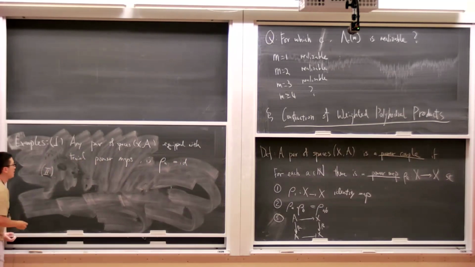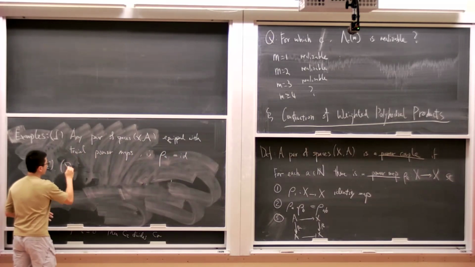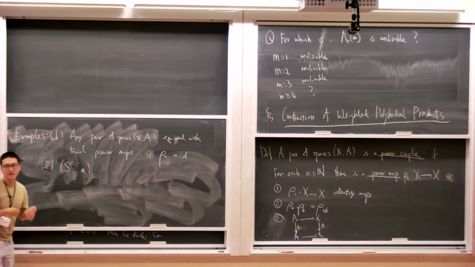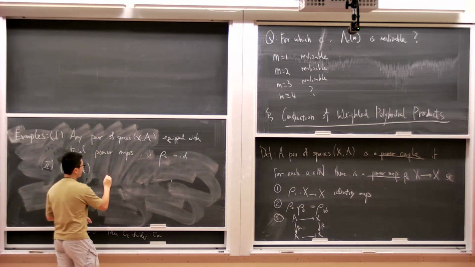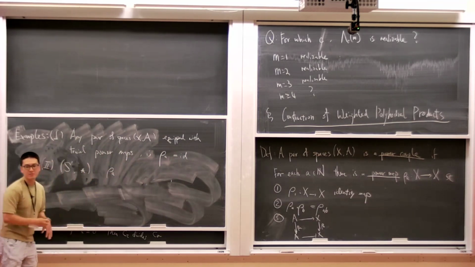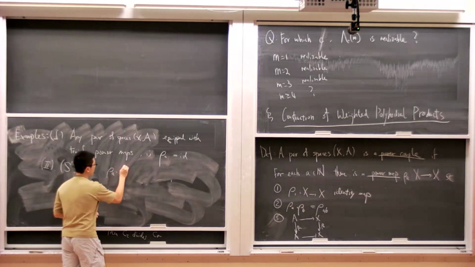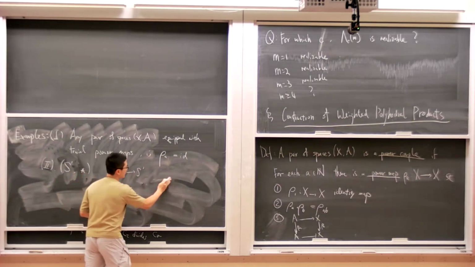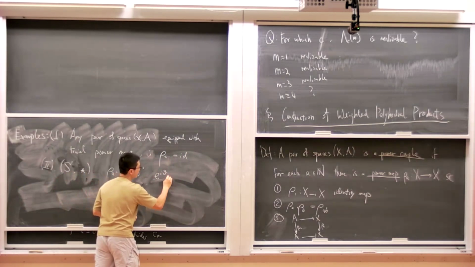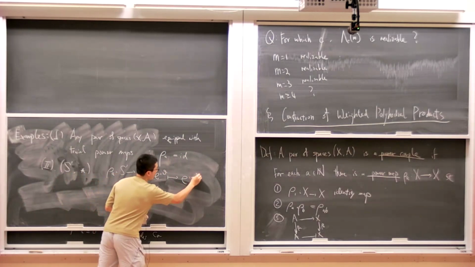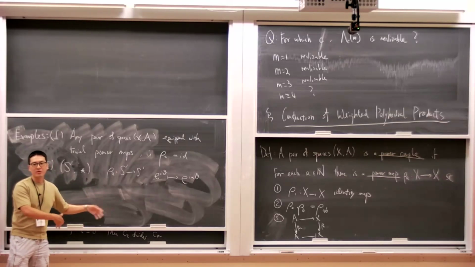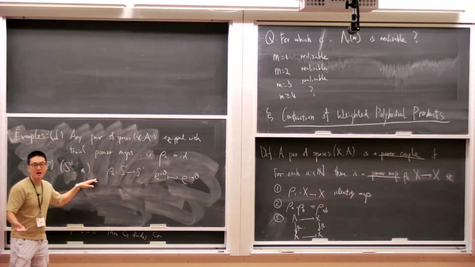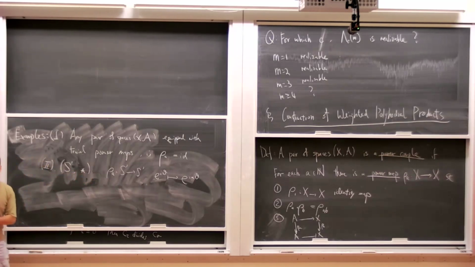Secondly, the pair of the circle and a point is a power couple, where the power map rho a is S1 to S1. It just sends e^{iθ} to e^{iaθ}. So this is the degree a map, or it's also an a-th power map if you think of S1 as the unit circle in the complex plane.